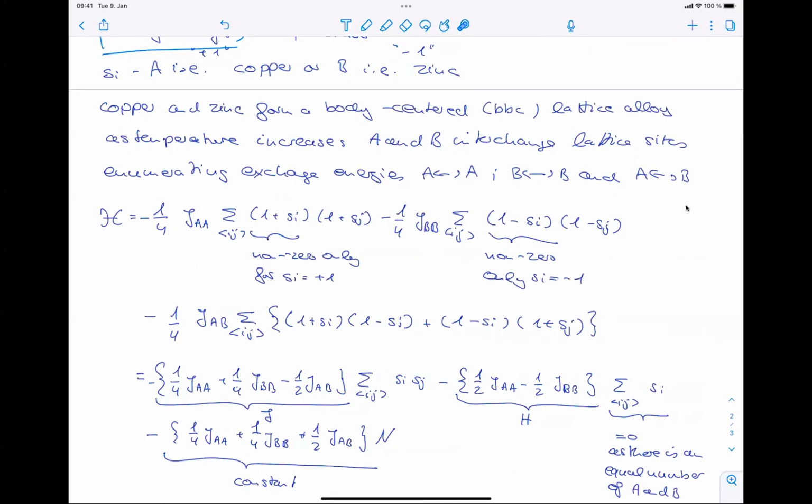And so now the interaction is about where my zincs and my coppers are, and you can't change how many you have of +1 or -1. But even if you turn on thermal fluctuations in the Ising model without an external field, you won't have a net magnetization. Oh, okay. So you don't change the overall magnetization, so the sum of pluses and -1s will stay the same. The question is, how are they ordered? Oh, okay.